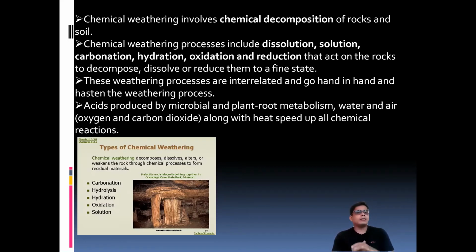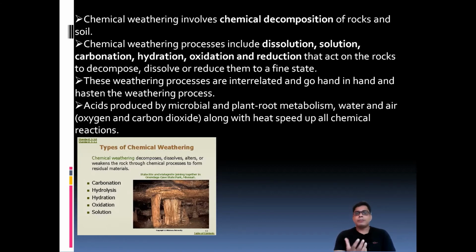Third thing, these weathering processes are interrelated and go hand in hand and hasten the weathering process. So chemical weathering is also related to physical and biological weathering. Some external forces, such as water, rivers and some chemicals, are very active in this matter.